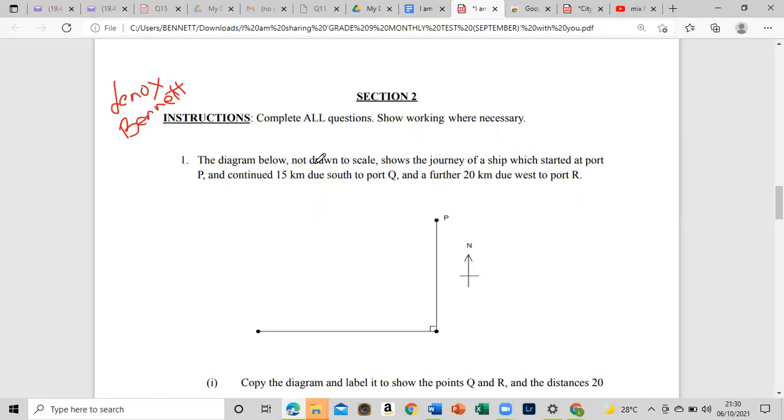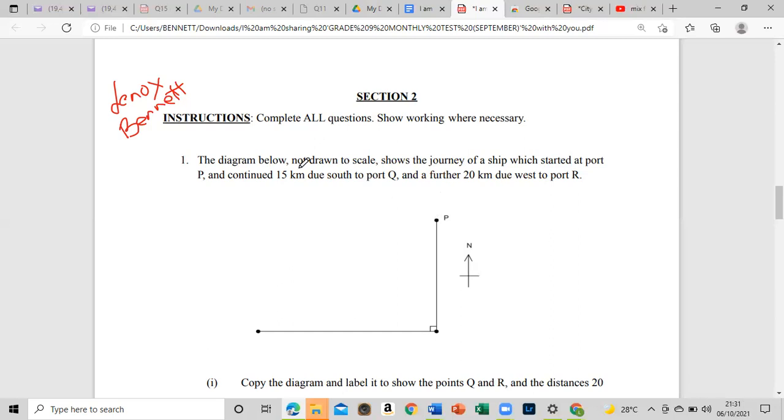The diagram below, not drawn to scale, shows a journey of a ship which started at point P. So right here is the start point, and it continued 15 kilometers due south to port Q and a further 20 kilometers due west to port R. So I guess they want us to complete the drawing.